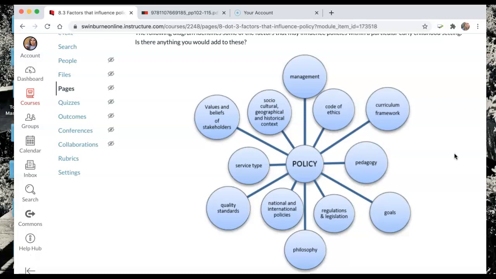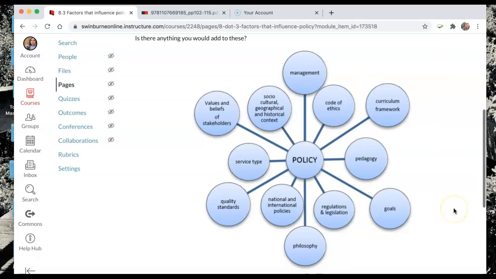I've got policy, which is obviously very important for your last assessment. I really liked this particular framework here, the one that was a part of our discussion this week, because it really shows you how many different elements come together to make policy effective, and all of the different things you've got to consider when you're developing policy.